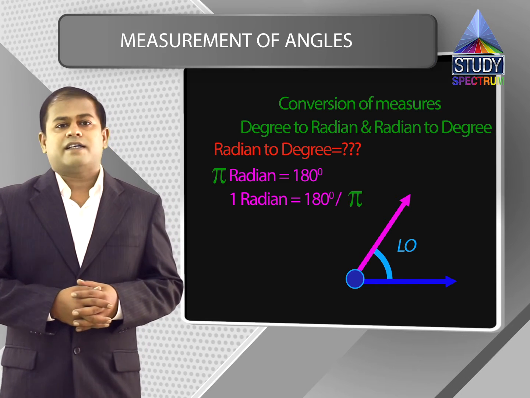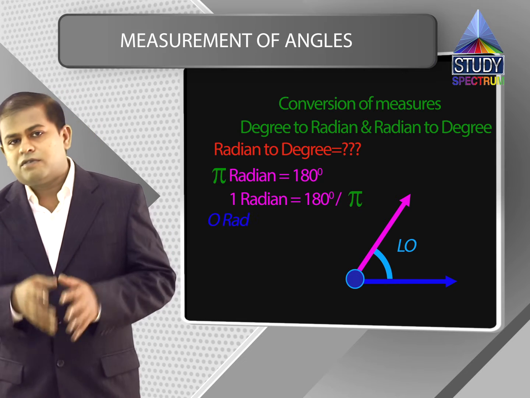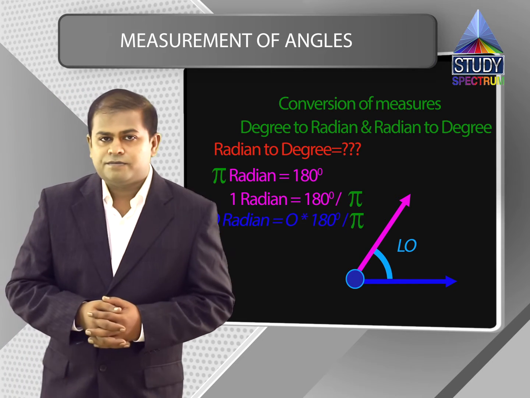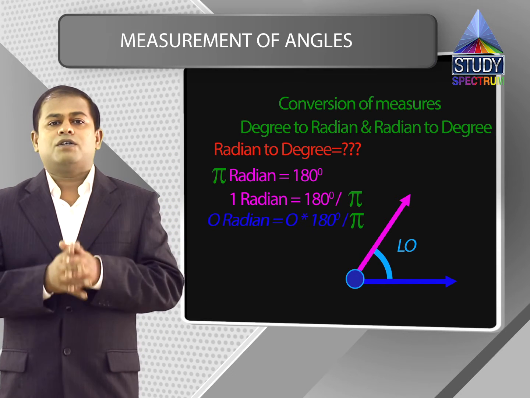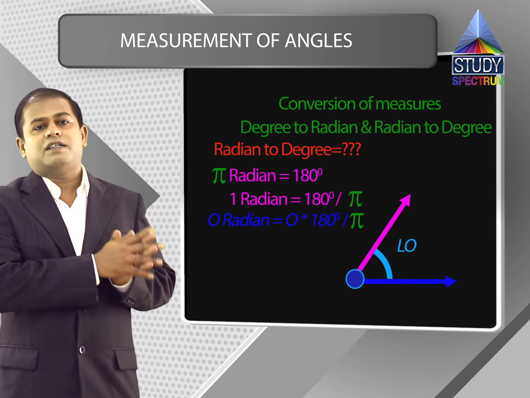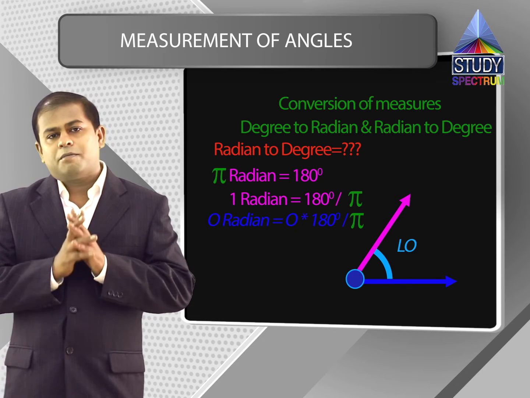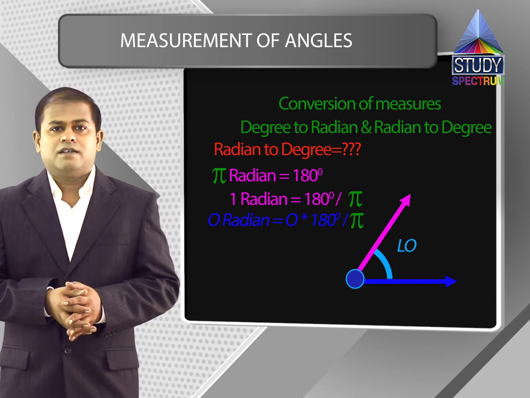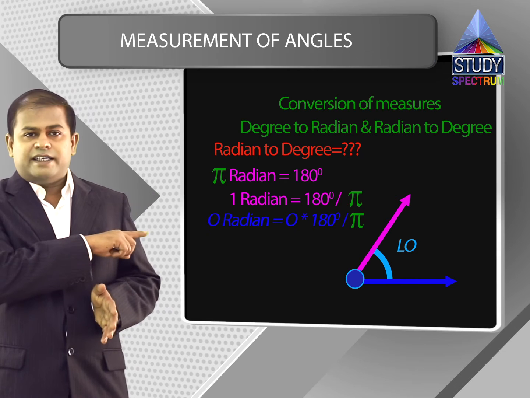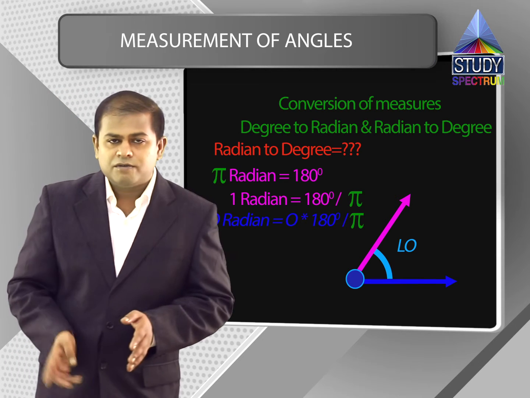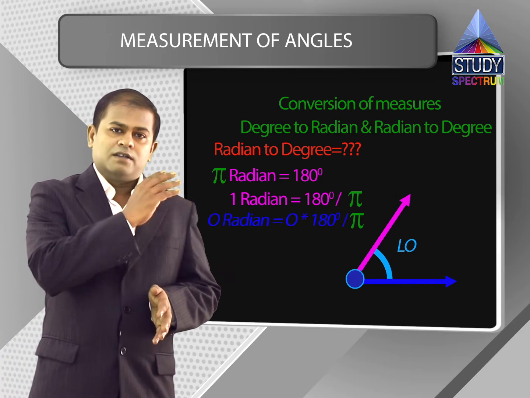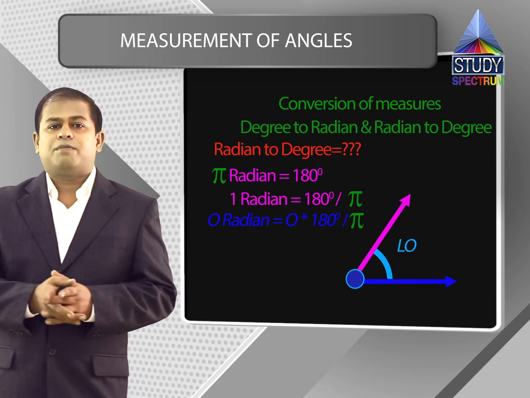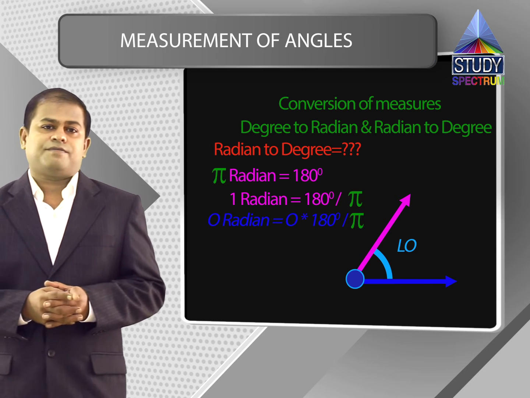So theta radians is theta into 180 by pi degrees. So to convert radian measure to degree measure, we'll multiply by 180 by pi, and to convert degree measure to radian measure, we'll multiply it with pi by 180.